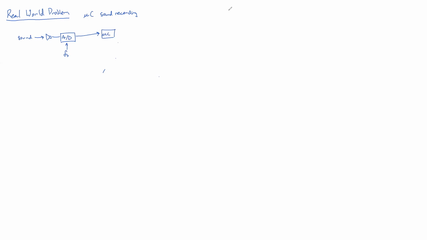And the sound is, of course, continuous in time. But when it gets into the A to D converter, it's converted into numbers, and I'll write them in hex. So it might be 6, 9, F, 2, A, and so on.